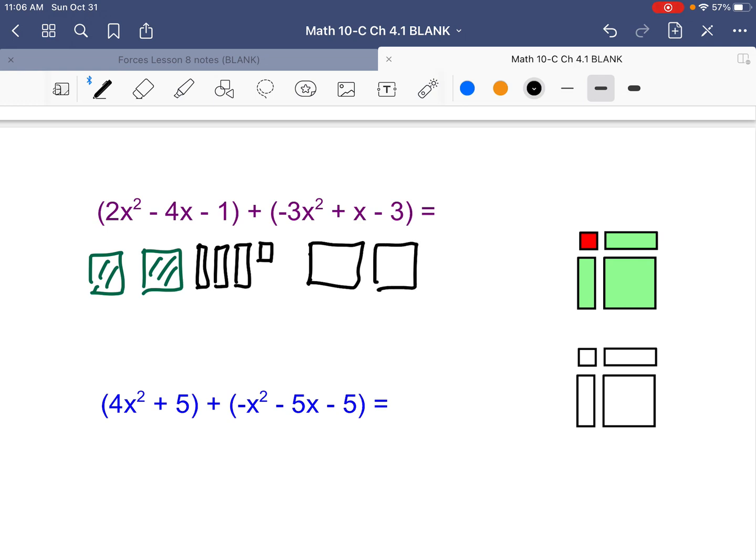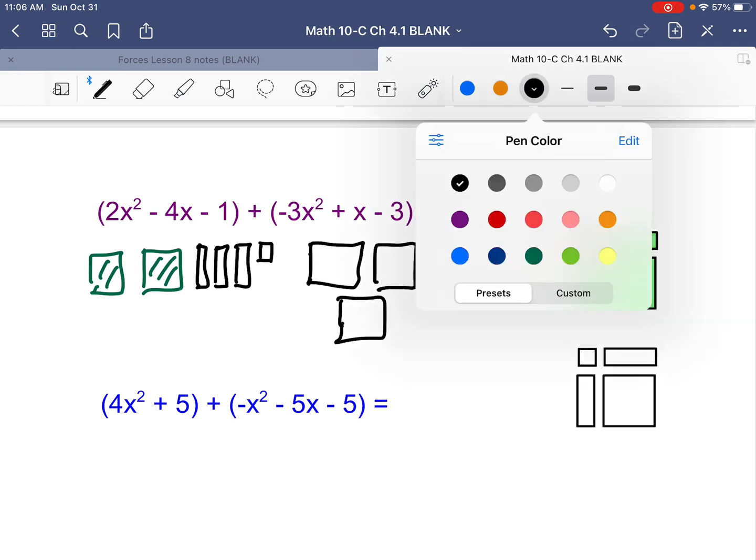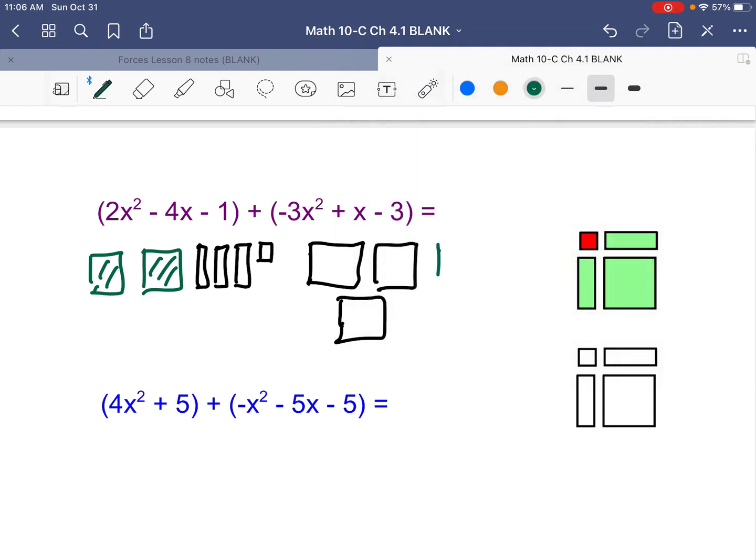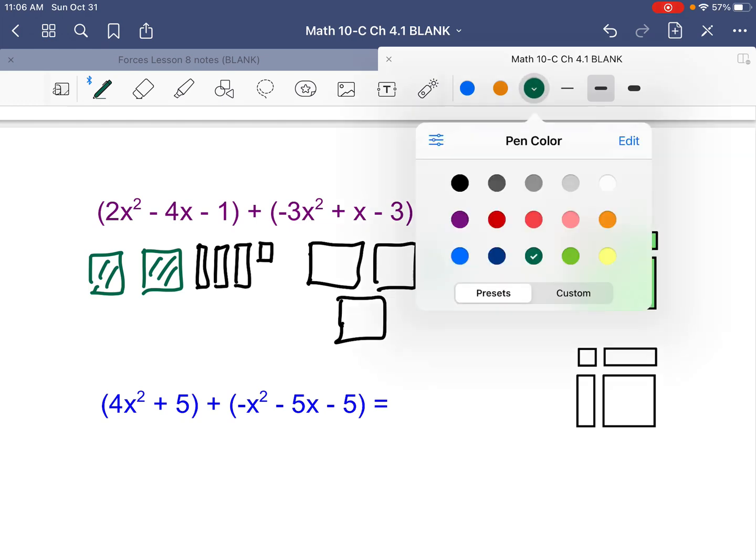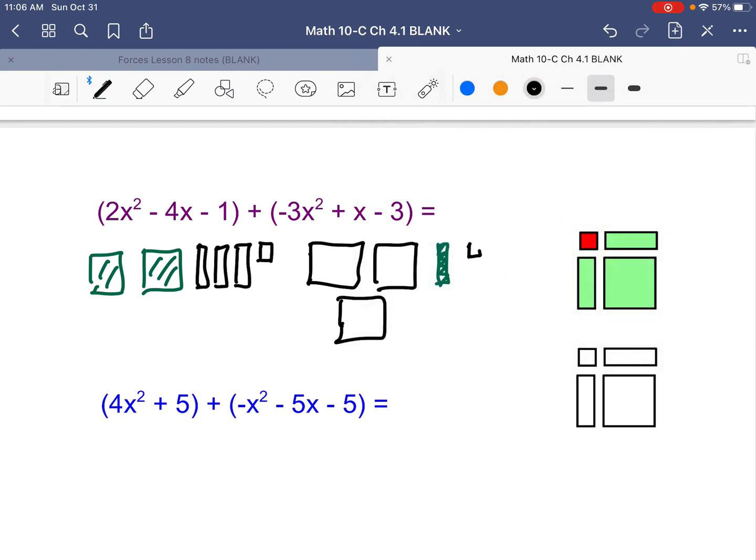Notice I'm making these hollow. Plus x minus 3. So what do we have here?